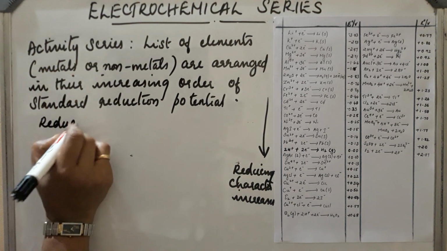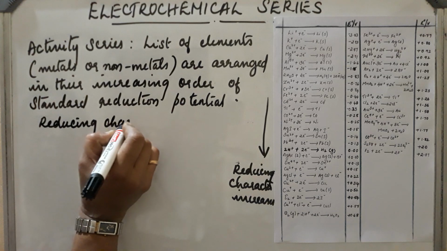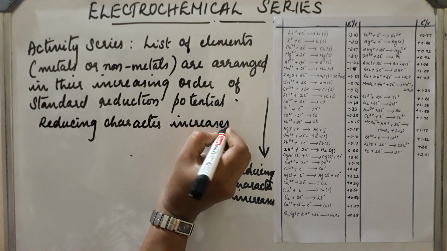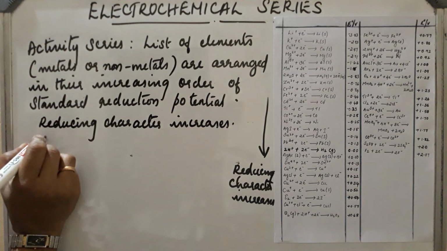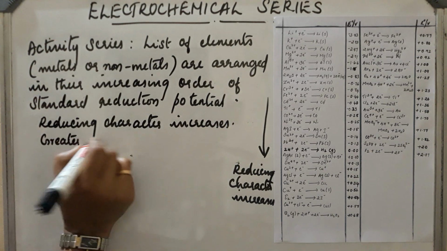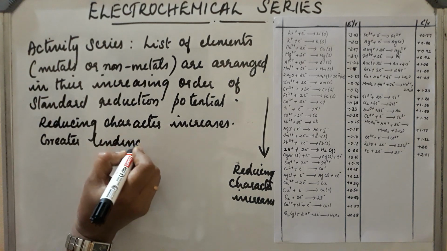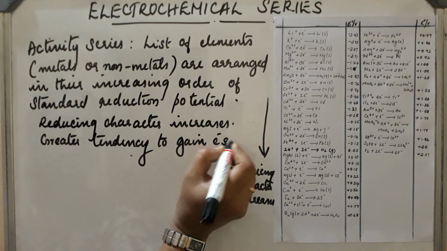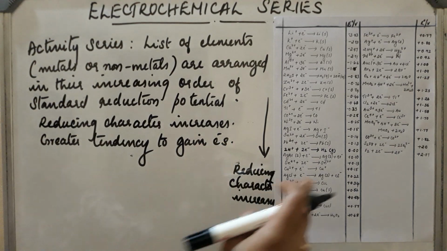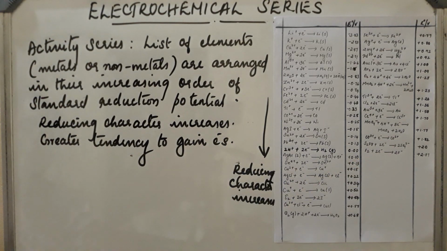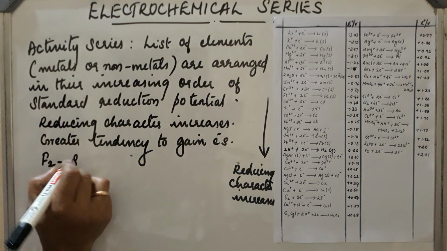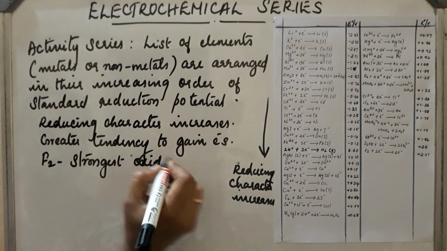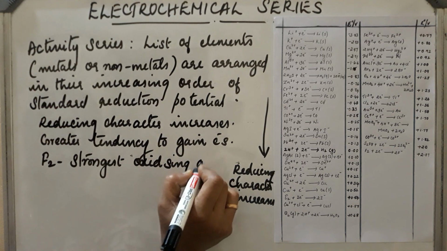Reducing character increases, which means the elements have a greater tendency to gain electrons, which means they become more oxidizing agents. So fluorine is the strongest oxidizing agent.